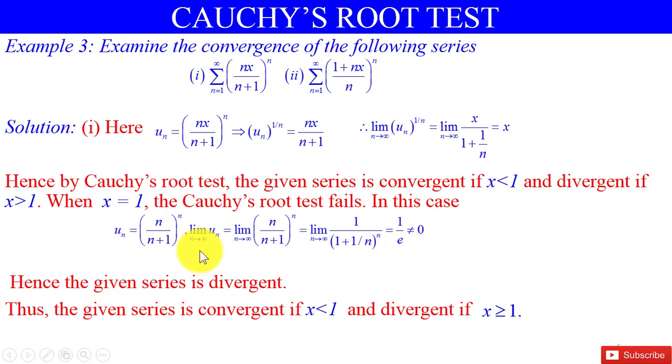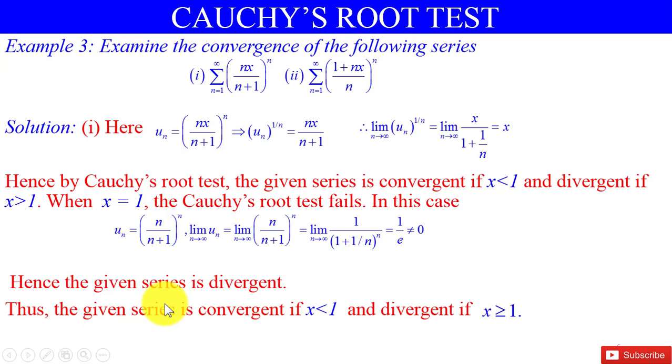So, limit n tends to infinity u_n = limit n tends to infinity 1/(1 + 1/n)^n = 1/e, which is not equal to 0. Hence, the given series is divergent, because the necessary condition for a series to be convergent is that limit n tends to infinity u_n must be equal to 0.